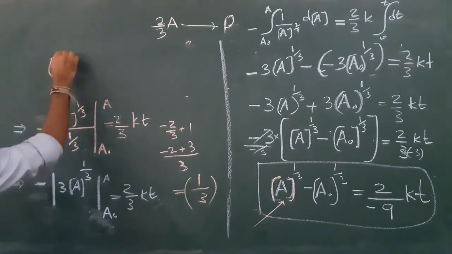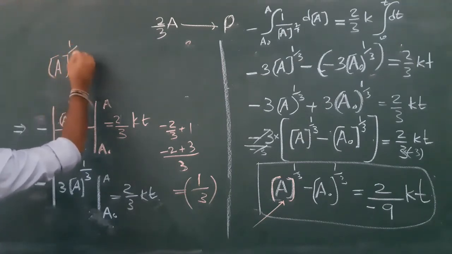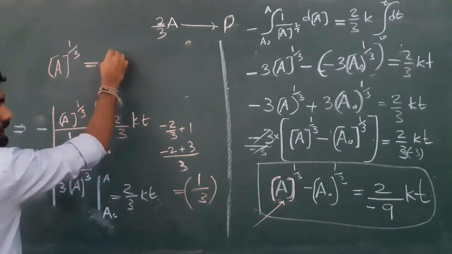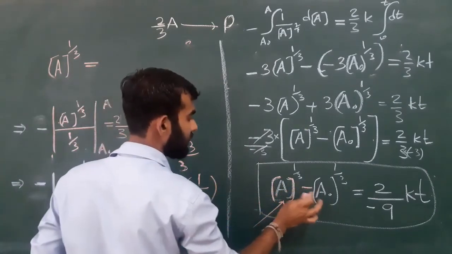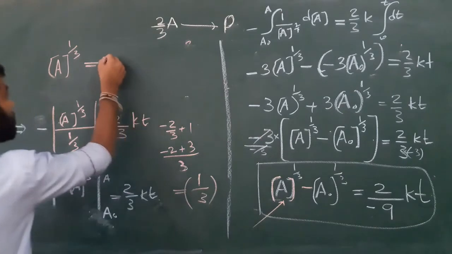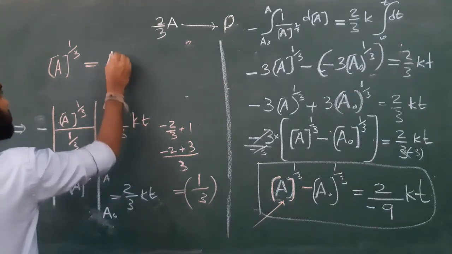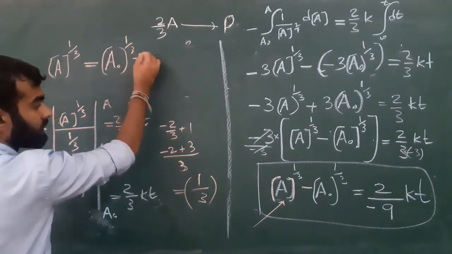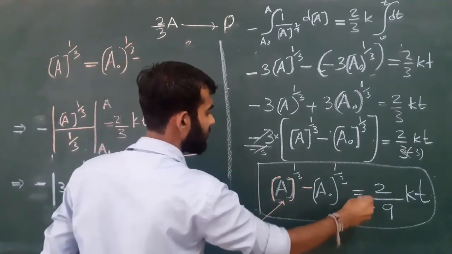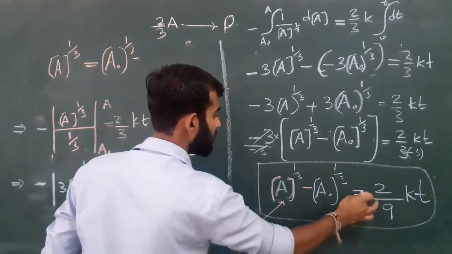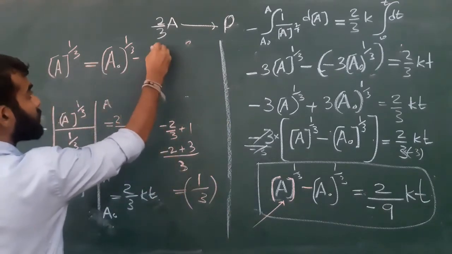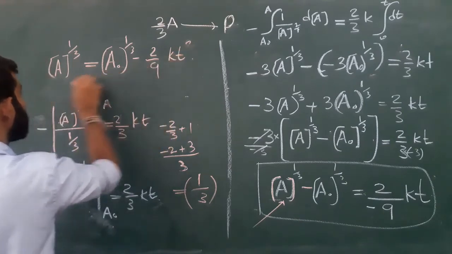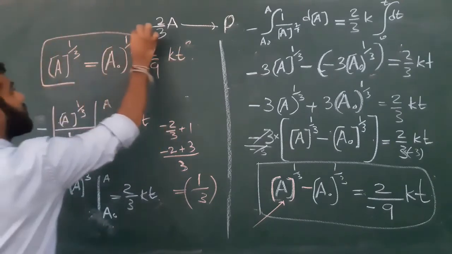Here A is final concentration 1/3 equal, here minus A naught will go to the other side, it will be positive, A naught 1/3 minus, here negative sign and here positive, it will be negative, so negative 2/9 kT. This is the expression for final concentration.